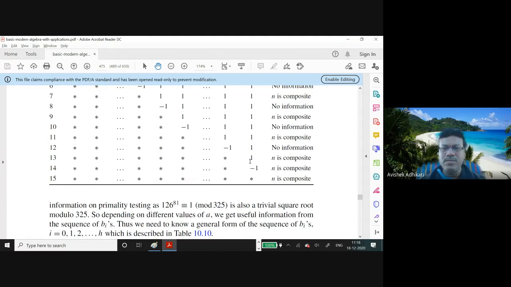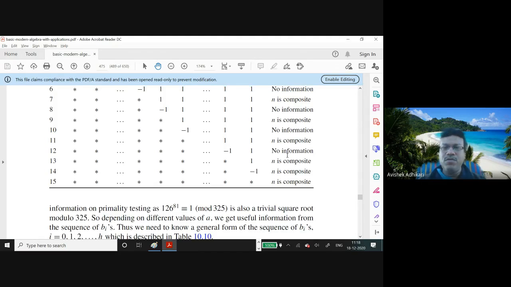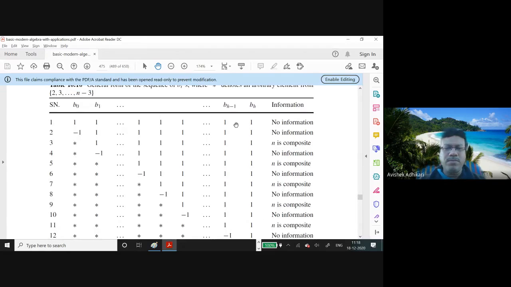Now my observation is, if you start with some value, and at the end you come up with 1, then your conclusion is n is composite.